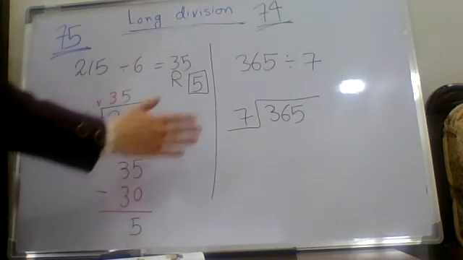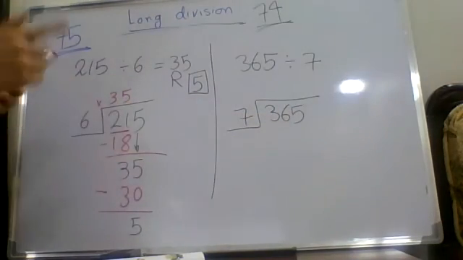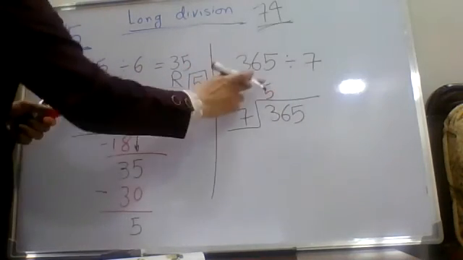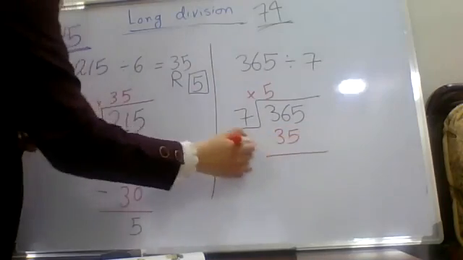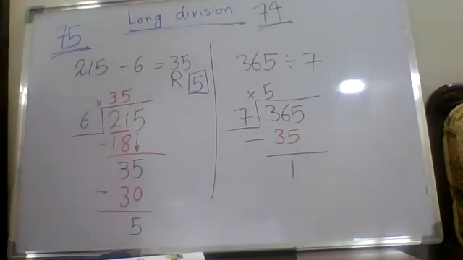If I need to find 36 or less, I have to stop because I have 35 when I multiply it by 5. So I choose 5 because I need less. So 5 times 7 equals 35, which is this number. And the remainder is 1. 36 take away 35 equals 1.